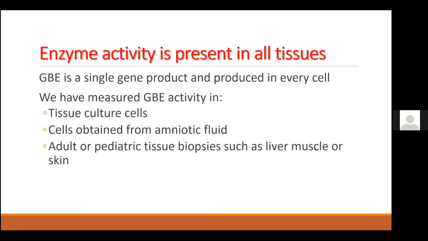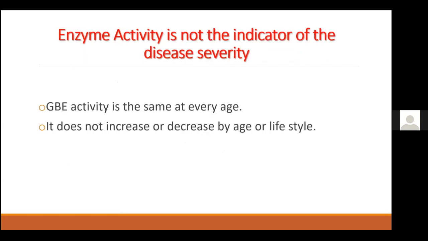We measured pretty much the same amount of enzyme activity except in liver and muscle, which are higher, not only because they store a lot of glucose in the form of glycogen, but also because they are designed to synthesize those enzymes a lot more than other tissues. We tested all those samples, and we noticed that pretty much every tissue has the same amount of enzyme activity. And of course, if there is any mutation, it decreases according to the mutation that happens.